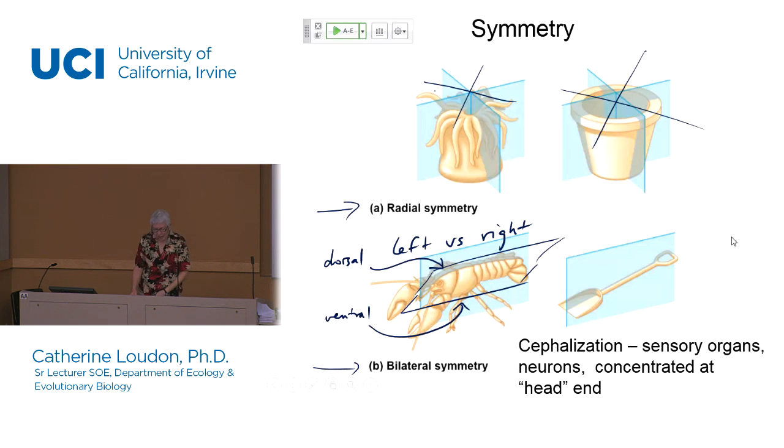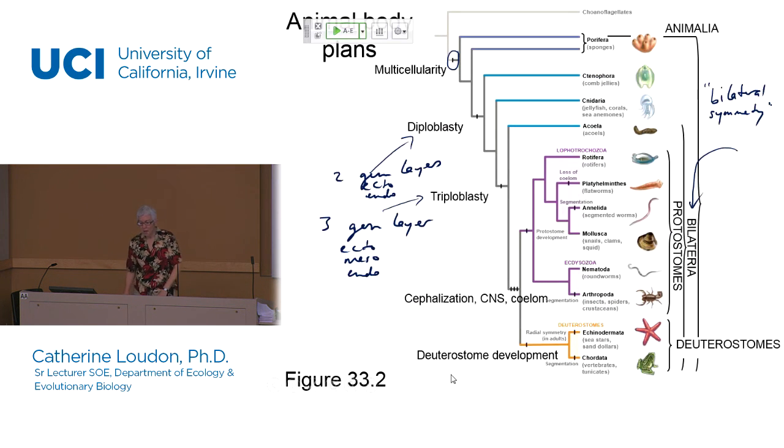Now, don't get too wrapped up in hair splitting about symmetry. What do I mean by that? If we go back to this example, is it true that every single one of these individuals is perfectly bilaterally symmetrical? Well, no, that's not true.